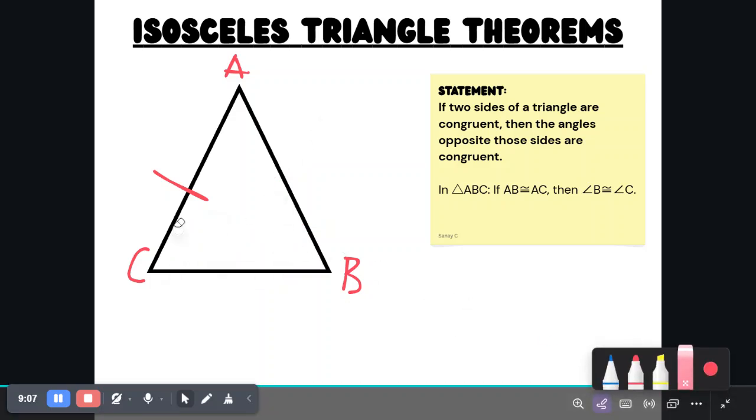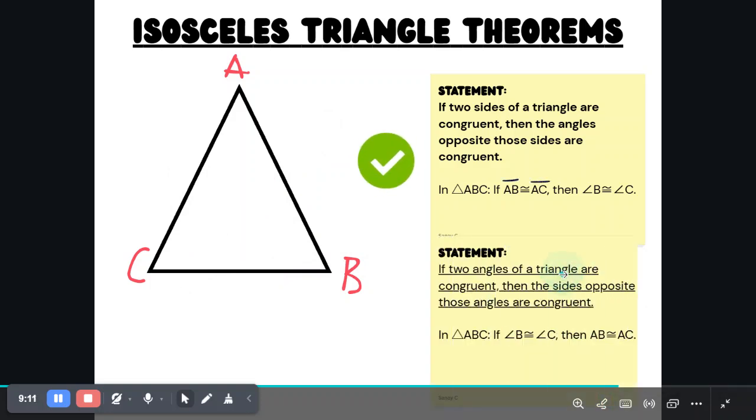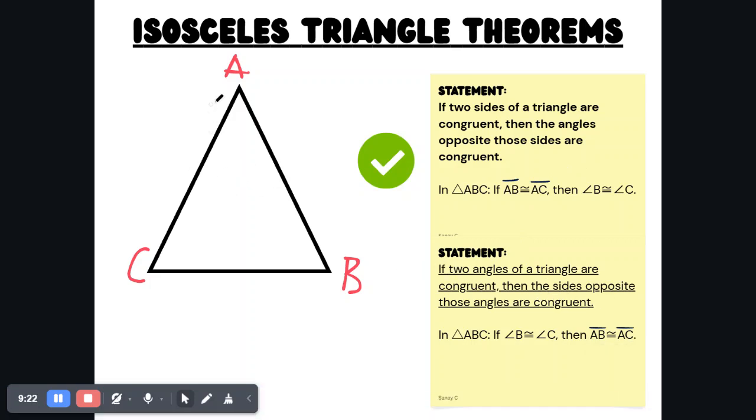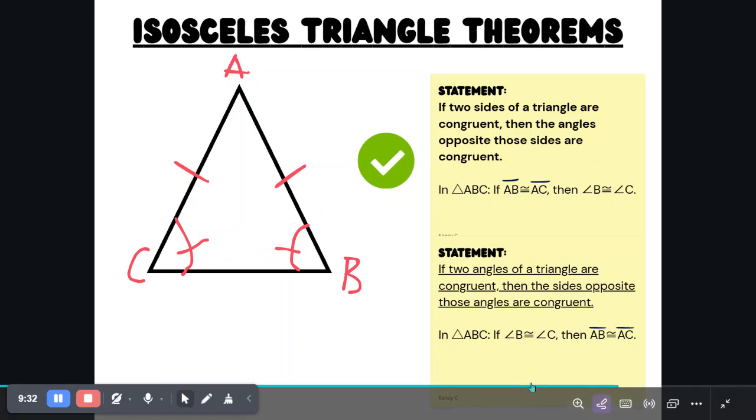So now that we've figured out that one, we can go on to this one, which is basically the opposite of the first statement. If two angles of a triangle are congruent, then the sides opposite those angles are also congruent. So again, ABC, if angle B and angle C are congruent, then automatically AB and AC are congruent according to this triangle theorem.